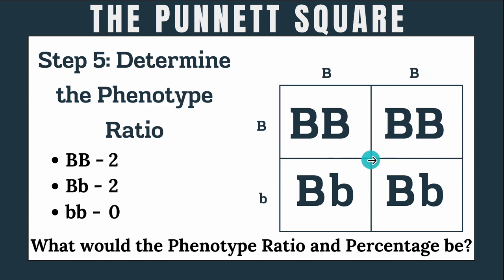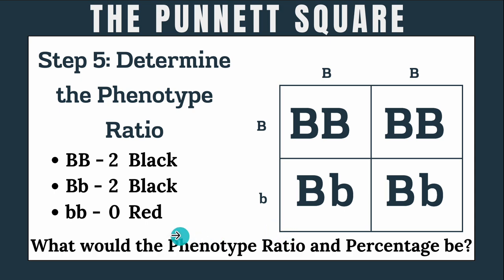Would it be black or red? How about these two squares? Would they be black or red? So these two would be black, and so would these. Because remember, you've got a dominant trait, and black is dominant. So all 4 offspring would be black.